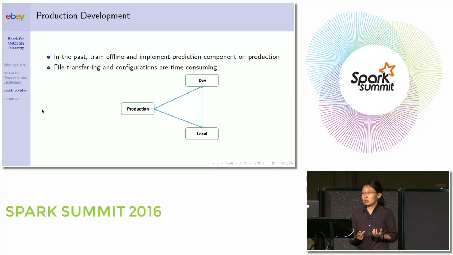In the past, one common practice of implementing machine learning applications on production is to train the model offline, upload your trained model to production, and also write the prediction components on production, partially because, at least for us, the production environment resources are very restricted.